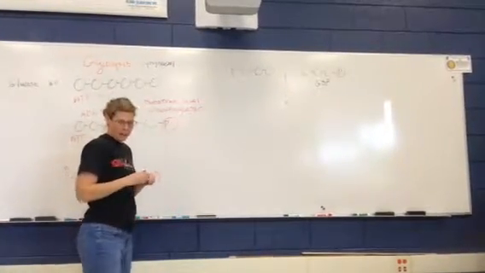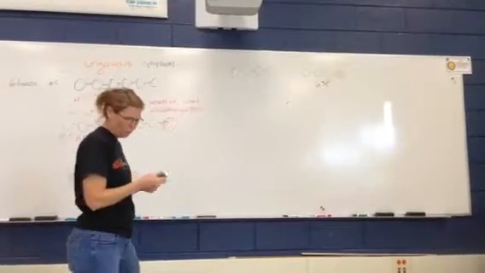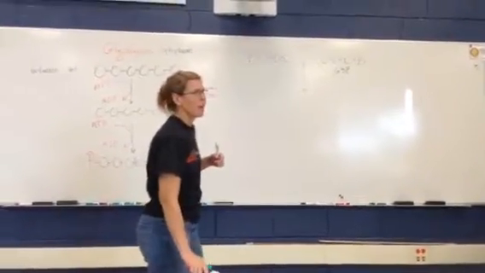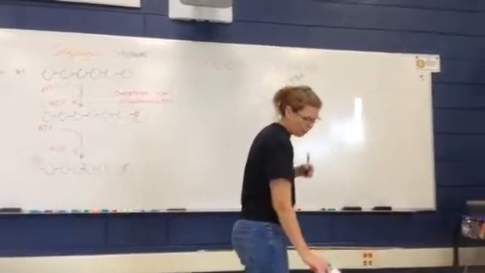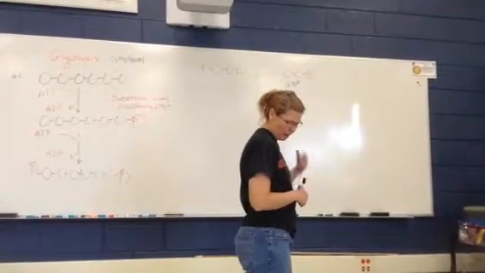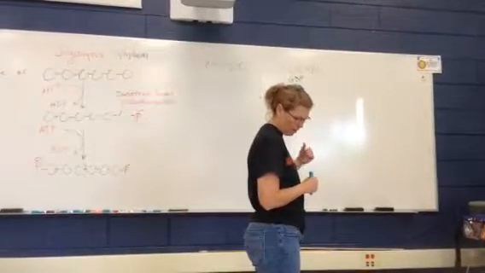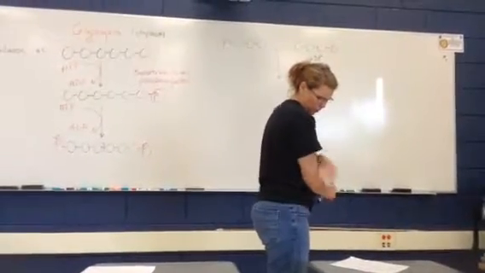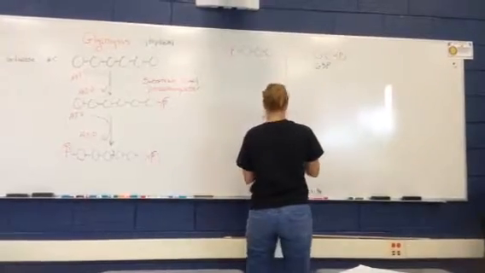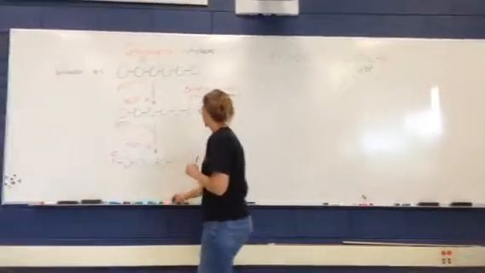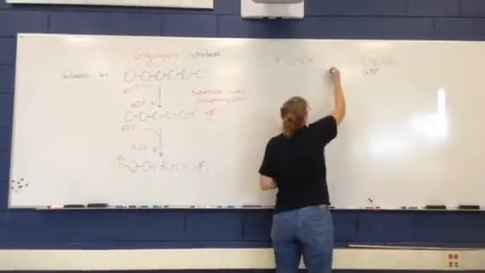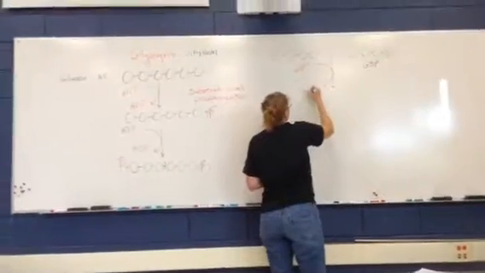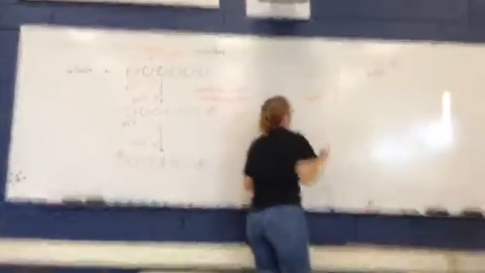What we're going to do next is strip off some electrons. If you remember, in photosynthesis we were doing the opposite. We fixed carbon and put electrons onto it. In this chemical reaction we're going to take them off. So we're going to bring in NAD+, and we are going to pick up those electrons.